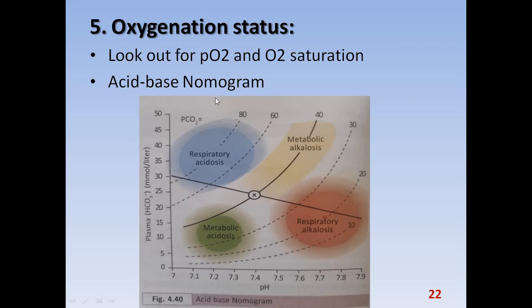Then we also have plotted the partial pressure of oxygen. Then, in case of alkalosis, we find that the pH is on the higher side, so in this area.